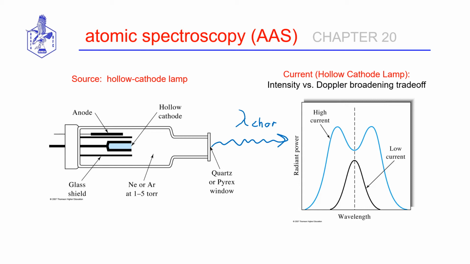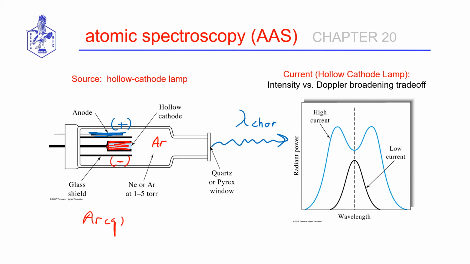How it works: there is argon gas in the enclosed quartz tube. We're going to apply an electrical potential across this anode, that's the positive terminal, and this cathode material, that's your negative terminal.